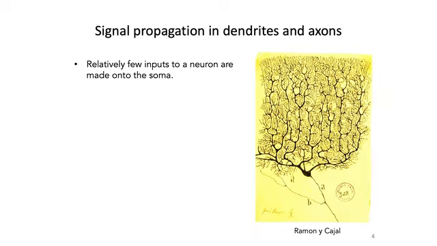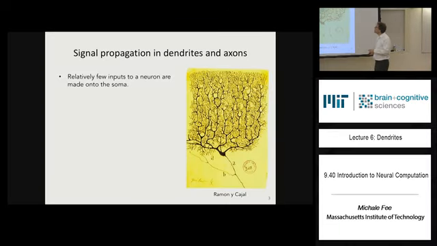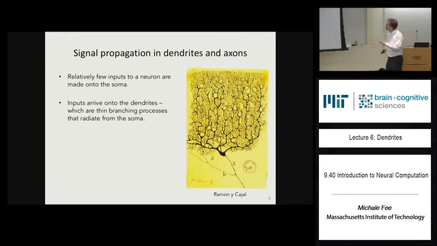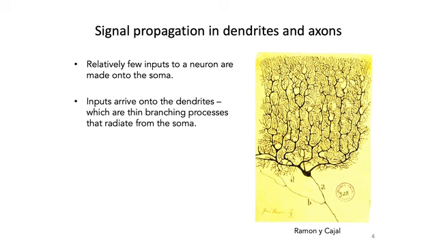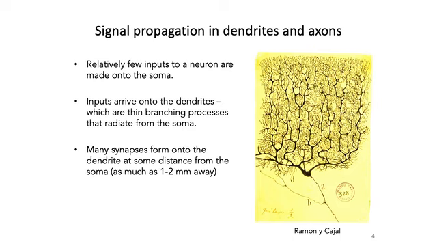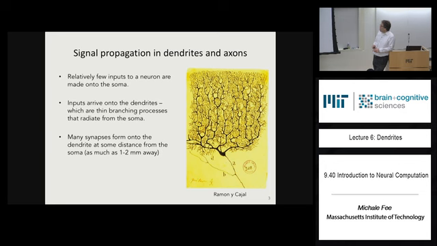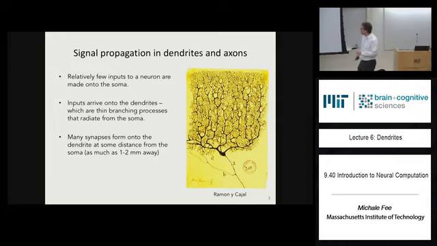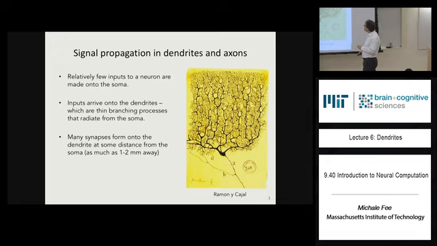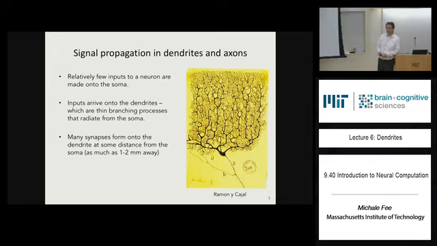Now, in real neurons, relatively few of the inputs actually come onto the soma. Most of the synaptic inputs arrive onto the dendrites, which are these branching cylinders of cell membrane. Most of the synapses form onto the dendrite, at some distance from the soma. There are synapses that form onto the soma, but the vast majority form onto these dendrites, and sometimes those synapses can be as far away as 1 to 2 millimeters for very large neurons in cortex.